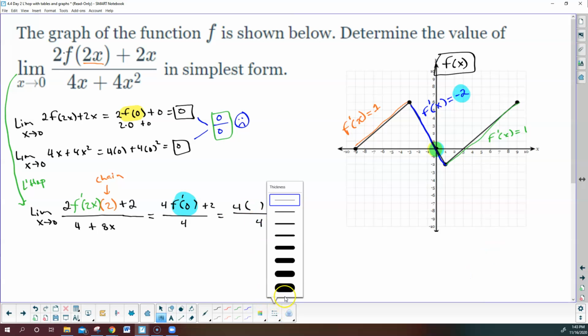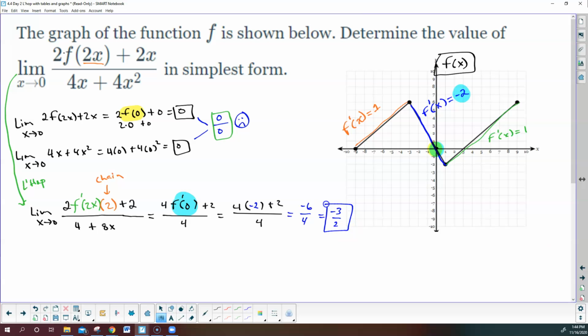So it was the graph that told us that this slope was -2. And now we can do some real quick simplifying. We get -8 plus 2 is -6 over 4. We get -3 halves.